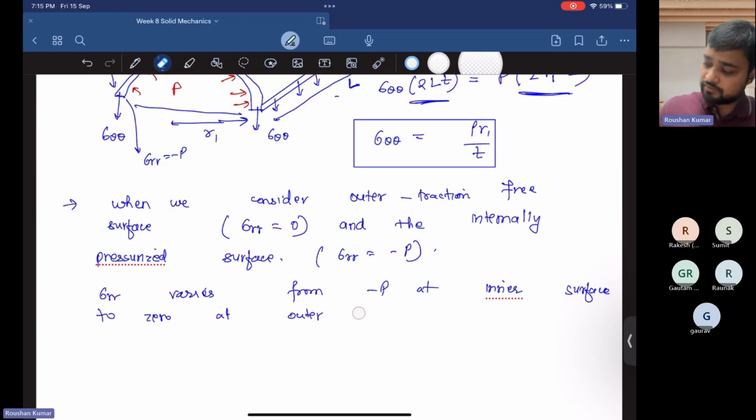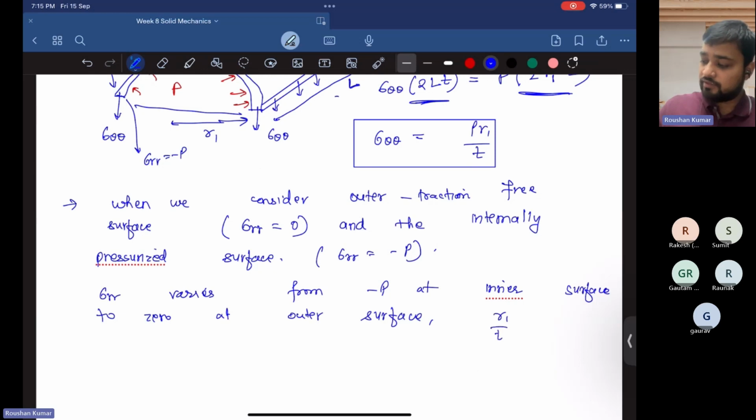And here, you see that R1 by T is very much greater than 1, because T is very small, and that's why it's a case for a thin tube.